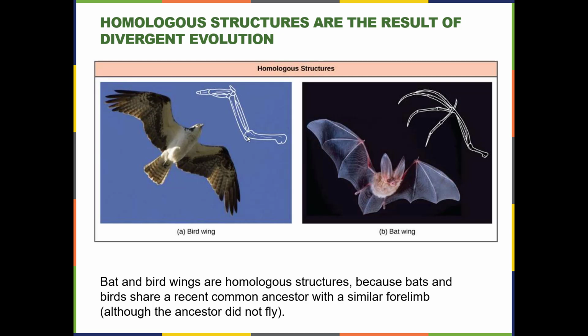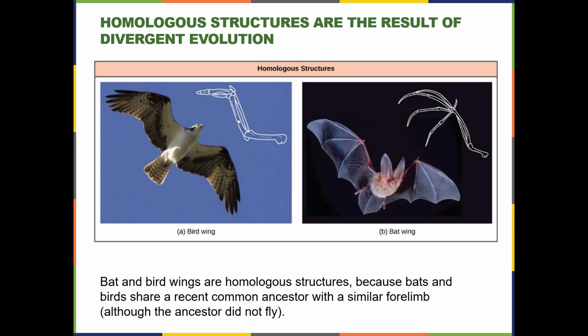So they both have the humerus, which is this first bone in the upper arm, then radius and ulna, and then the bones of the hand structures. So the inner bone structure of these wings is homologous.